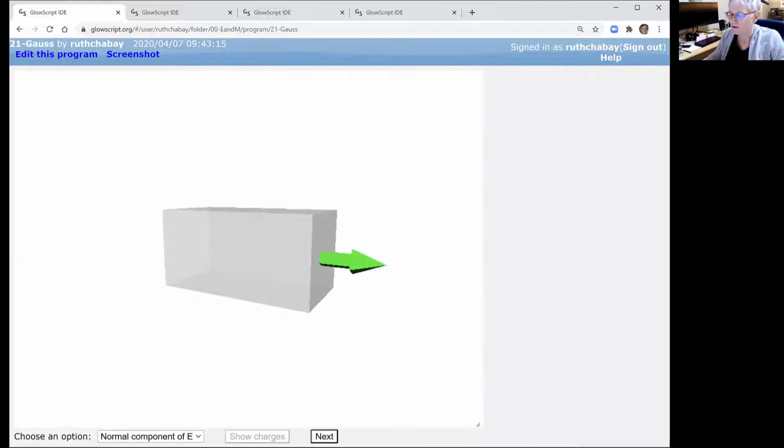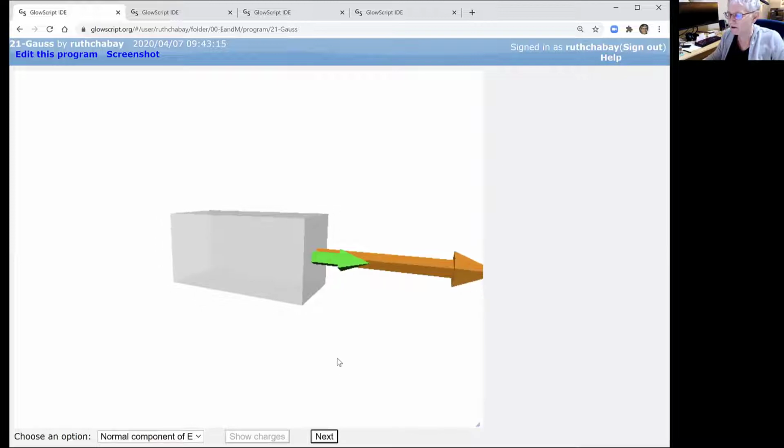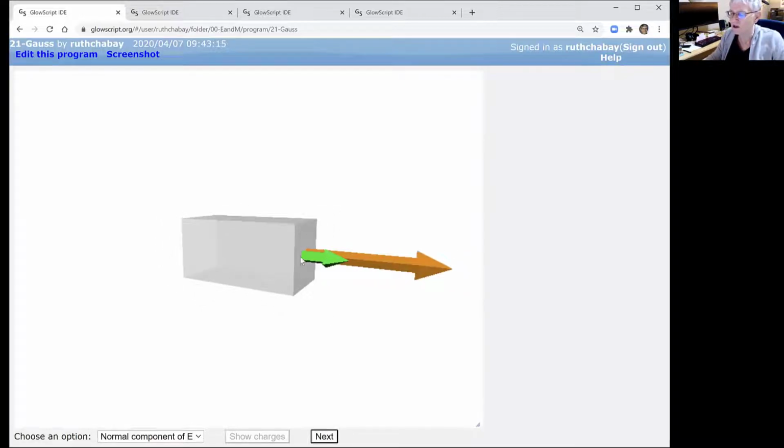We were interested in the angle between the electric field and this unit vector. And there still could be two unit vectors perpendicular to the surface, right? There's one going out and one going in. We picked the outward going normal.